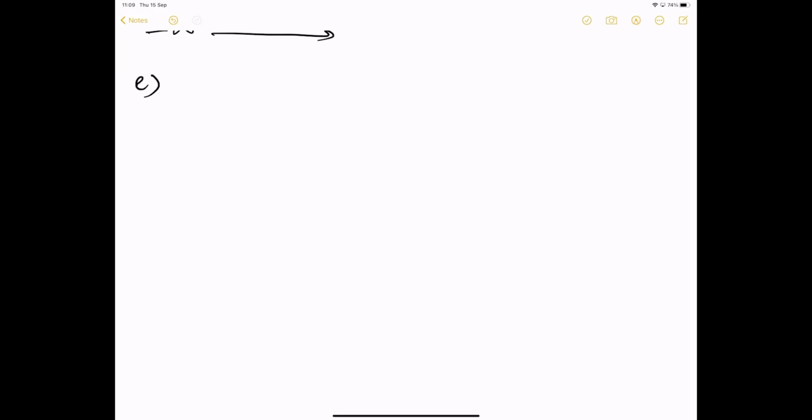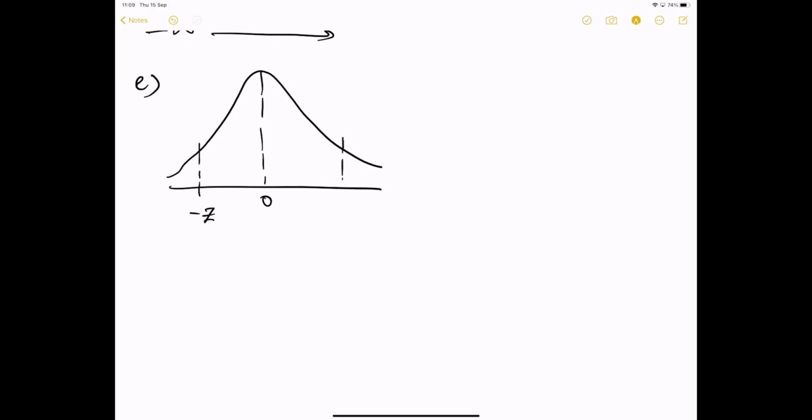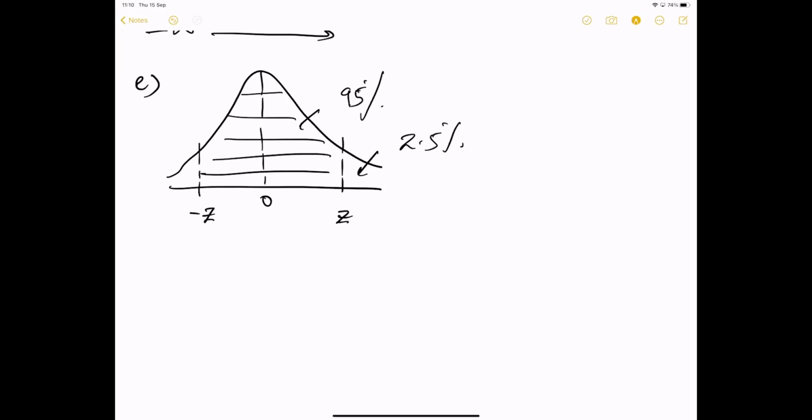The area between minus Z and plus Z is 95%. Minus Z to plus Z, this total area is 95%. Each tail should be 2.5% because this is a symmetric distribution, and you know that.